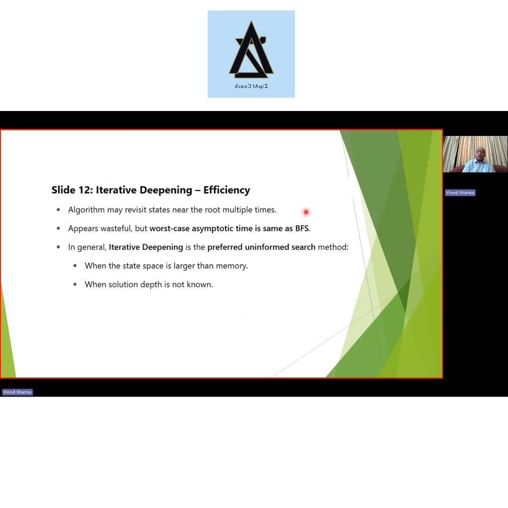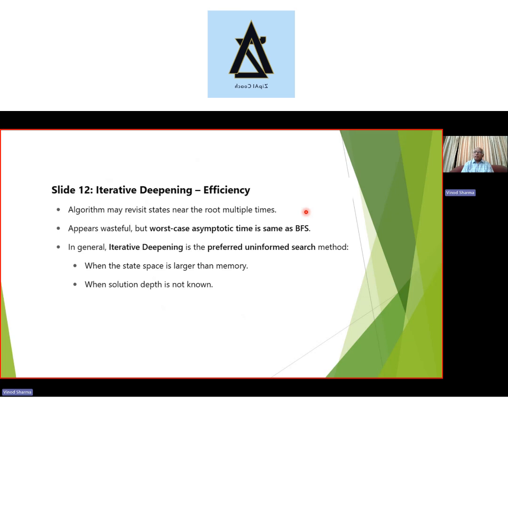Now, there are obvious issues with this algorithm because you start with L equal to 1. Then if the solution is not found, you go to L equal to 2. Then you go to L equal to 3. When you are at L equal to 1, you have visited all nodes at depth 1.